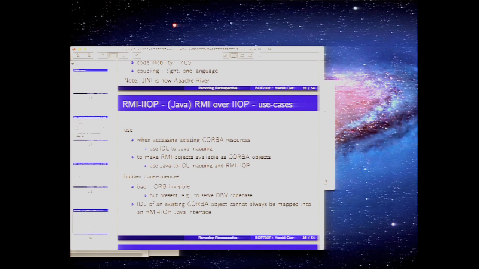So they did RMI-IIOP. What that meant is you could program in the RMI programming model, where you just inherit from remote object. Instead, you inherit from a different object, and suddenly it's RMI-IIOP, and it talks IIOP, uses the CORBA data representations and all that stuff. So it seemed like a great solution.